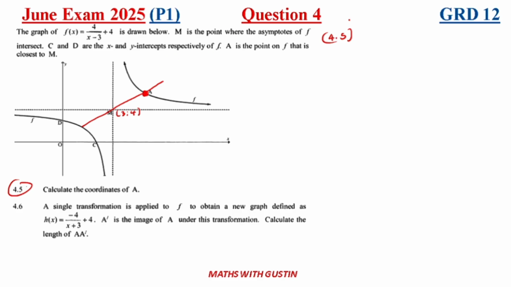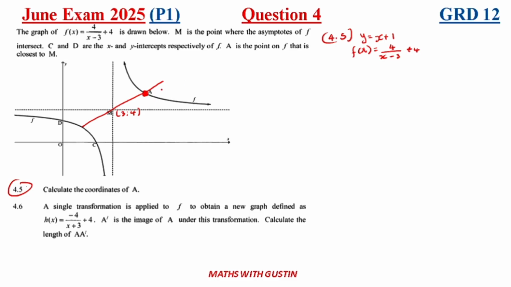So you can either say, you remember guys, we have this equation here of y equals x plus 1, the one we calculated, and then we also have f of x equals 4 all over x minus 3 plus 4.